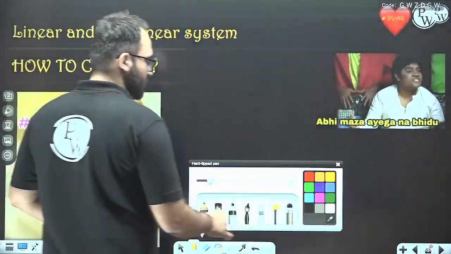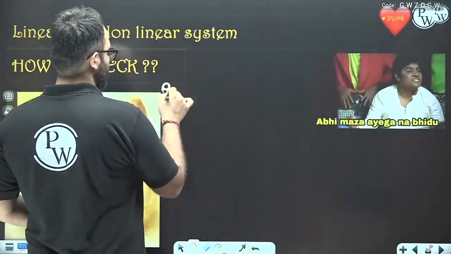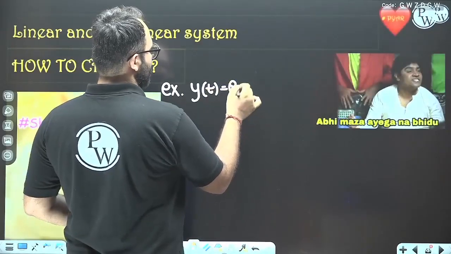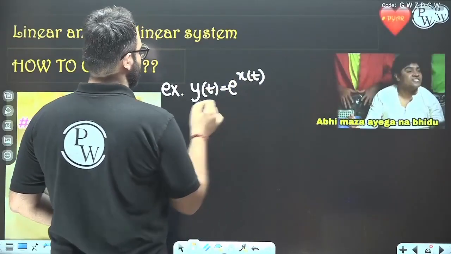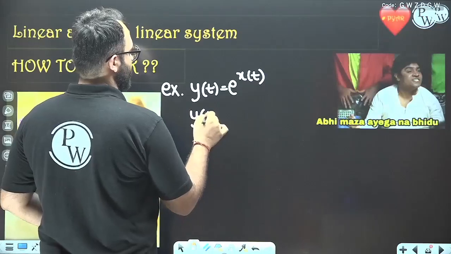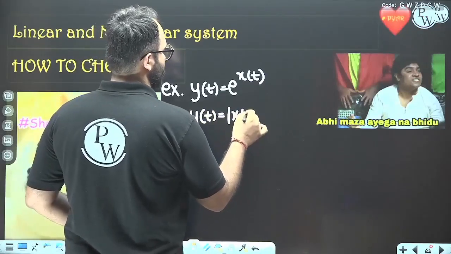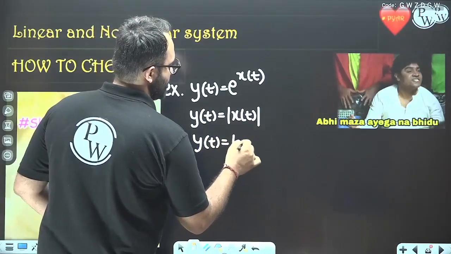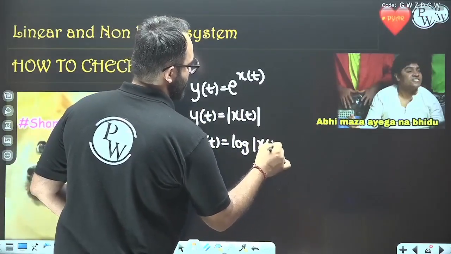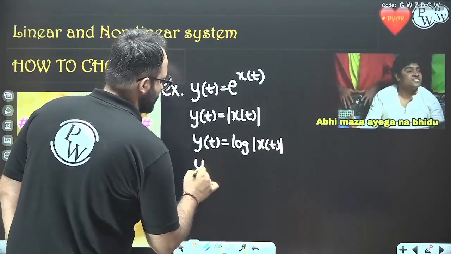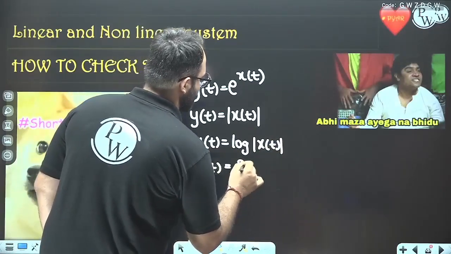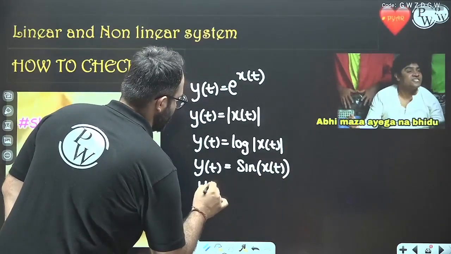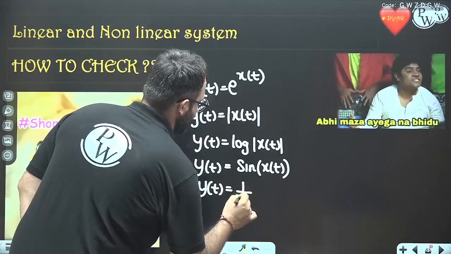Let's see some examples. y(t) equals e to the power x(t). y(t) equals mod of x(t). Log. y(t) equals sine of x(t). y(t) equals 1 upon x(t).